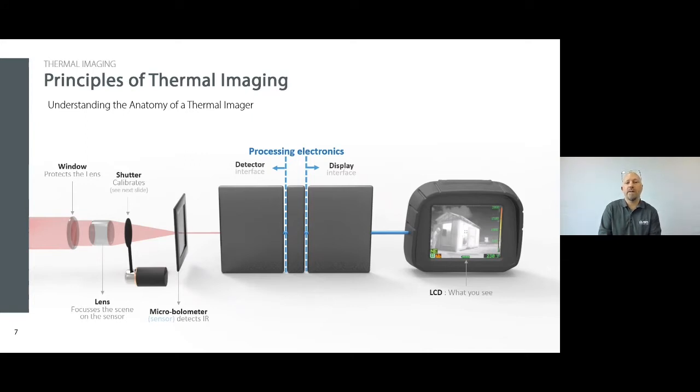And the lens window is made of a germanium ceramic, and the germanium is invisible to infrared. So the infrared energy passes through the germanium window, straight through the lens and onto the sensor. Now, the important thing about the germanium window is that it protects the front end electronics of the camera.